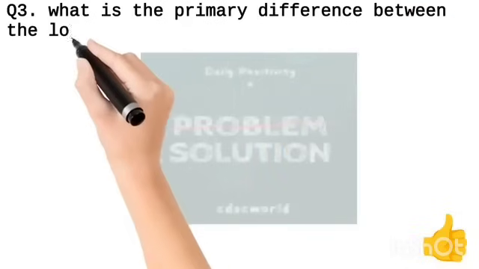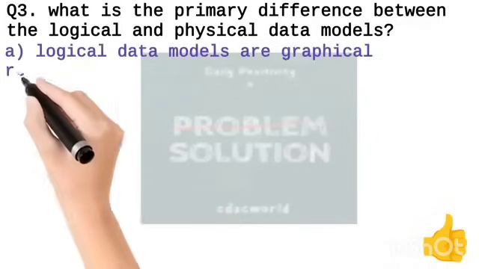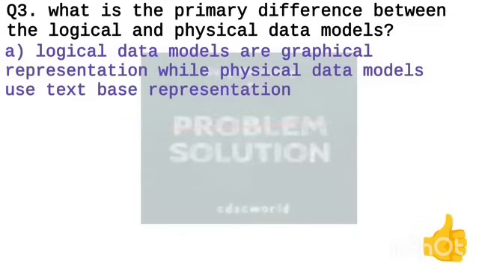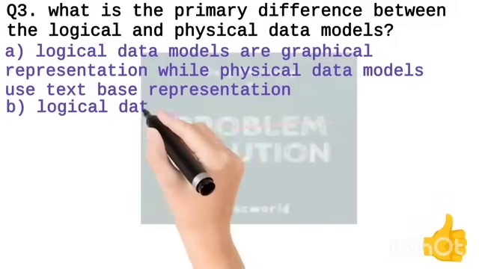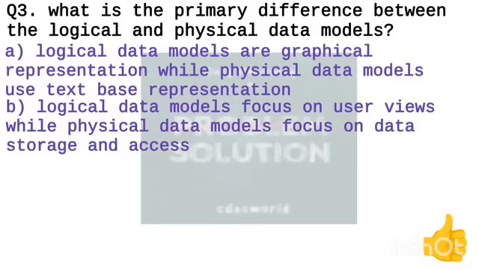Query number 3. What is the primary difference between the logical and physical data models? Option A, logical data models are graphical representation while physical data models use text-based representation. Option B, logical data models focus on user view while physical data models focus on storage and access.